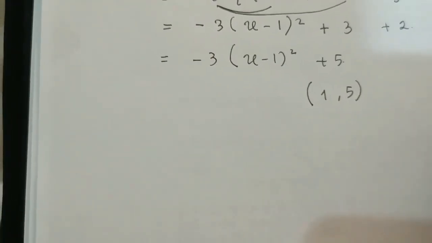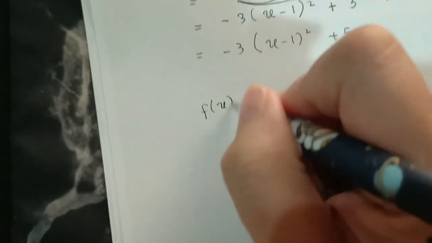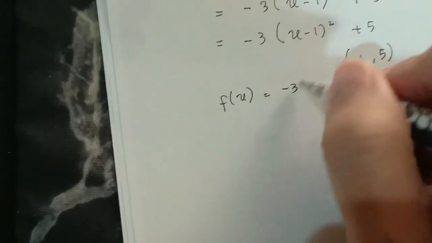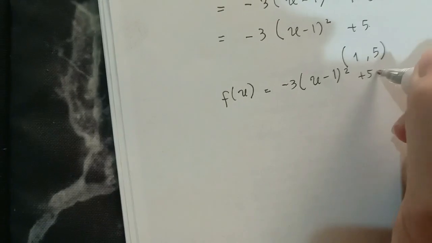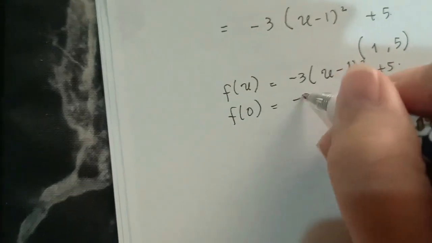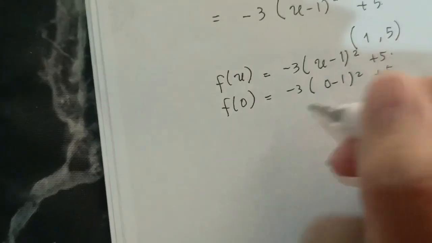For example, if the x is 0, we use f(x). Always write down like this: minus 3 in the bracket, x minus 1 quadrat plus 5. f(0) is 0 minus 1 quadrat plus 5.